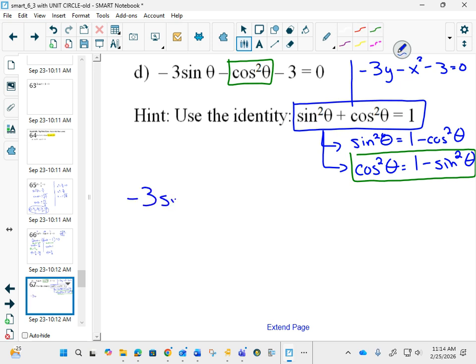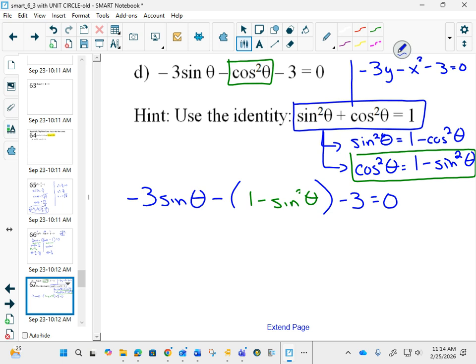Minus 3 sine theta minus, and now instead of cos squared theta, I can write, based on that green box, 1 minus sine squared theta instead. And then I still have minus 3 equals 0.